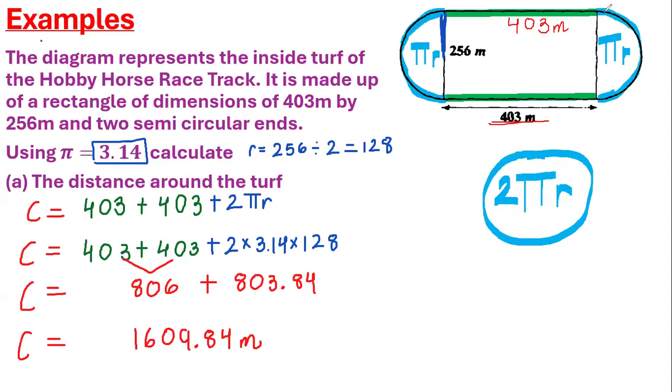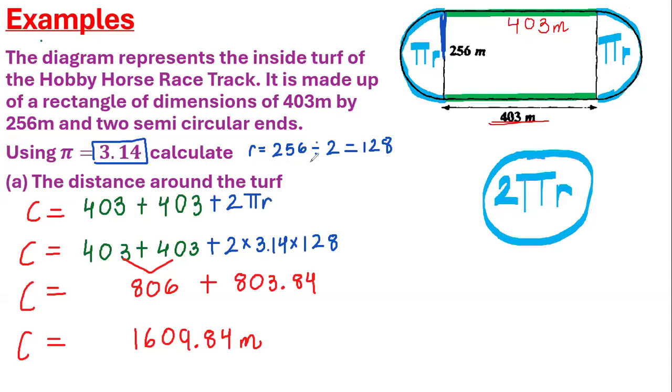And this one is pi r, that's the formula for the semicircle. When you combine 2 halves of circles, you have one complete what? One complete circle, right? So it's 2 pi r.